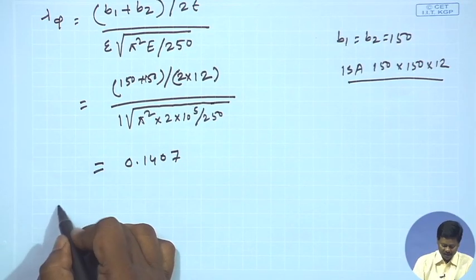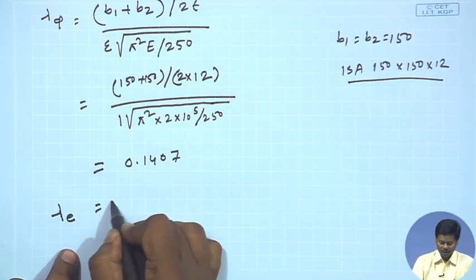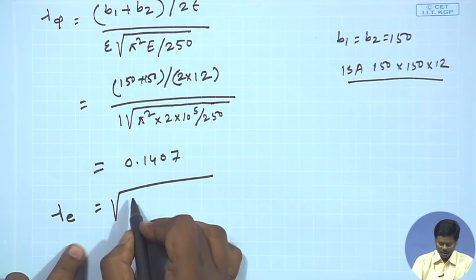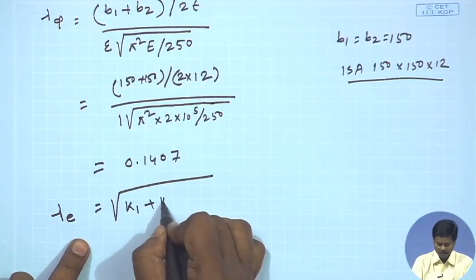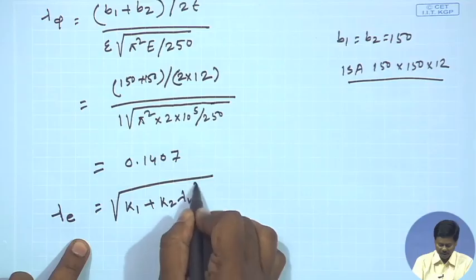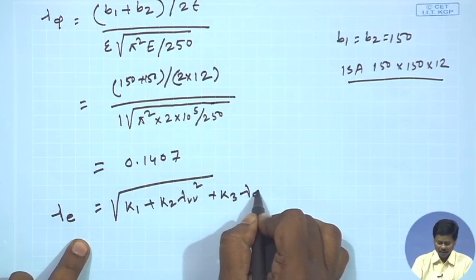Now, the equivalent lambda can be calculated from this expression, that is K1 plus K2 into lambda Vv square plus K3 into lambda phi square.